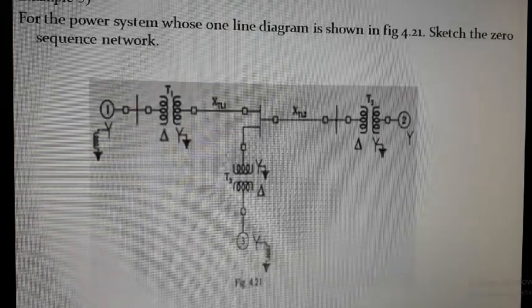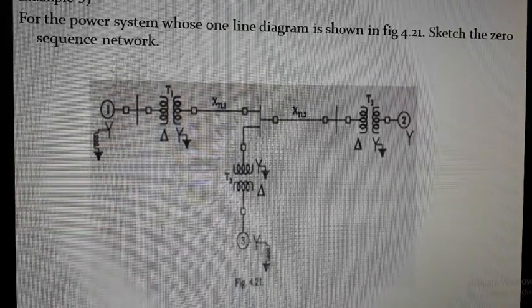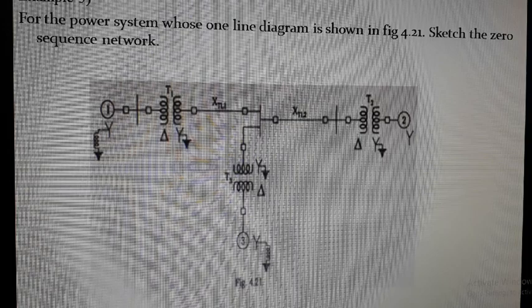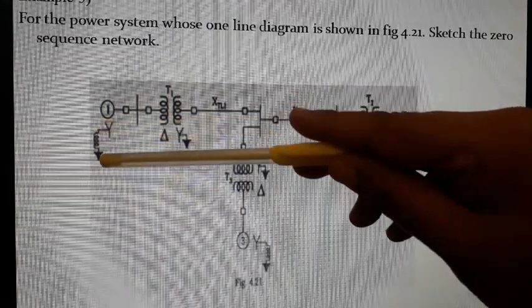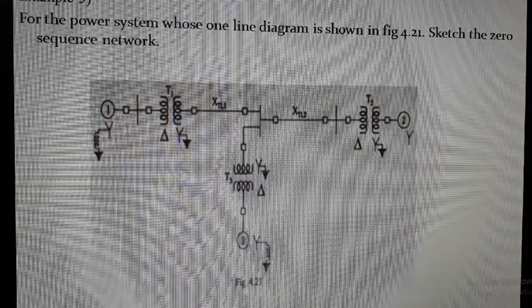Next, for the power system whose one line diagram is shown in the figure, sketch the zero sequence network. So here there is no need to calculate or compute any values, we just need to write the zero sequence network. See here, the neutral reactance is given, therefore 3 times the neutral reactance plus the zero sequence reactance of the generator must be taken.